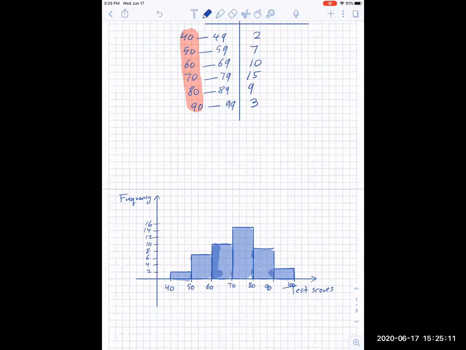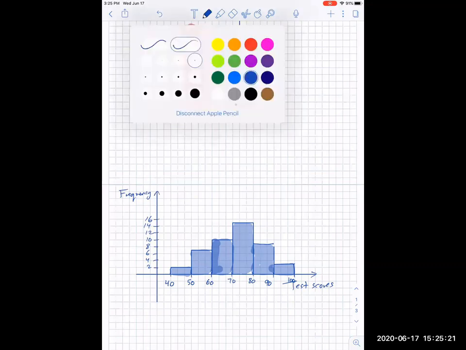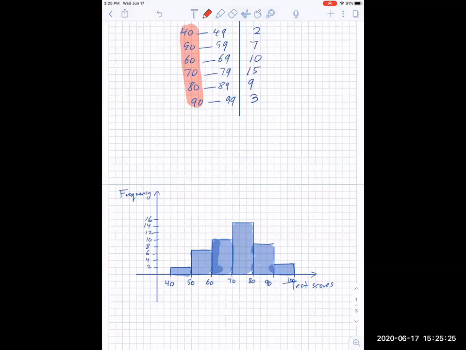Notice how all I have on the x-axis are the lower class limits. Again, I'm just going to emphasize that. These are the lower class limits.